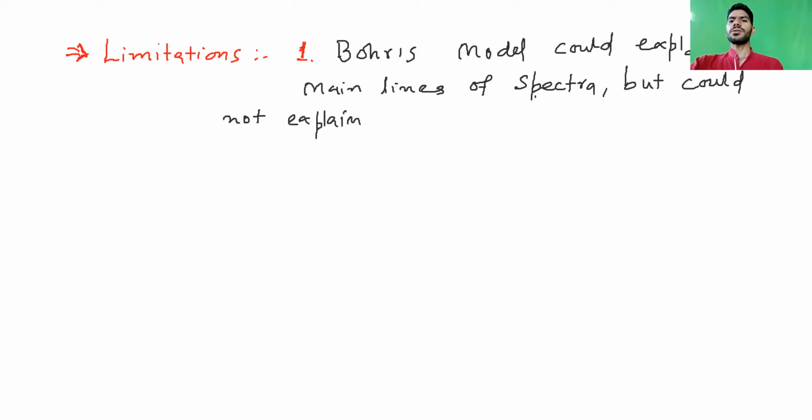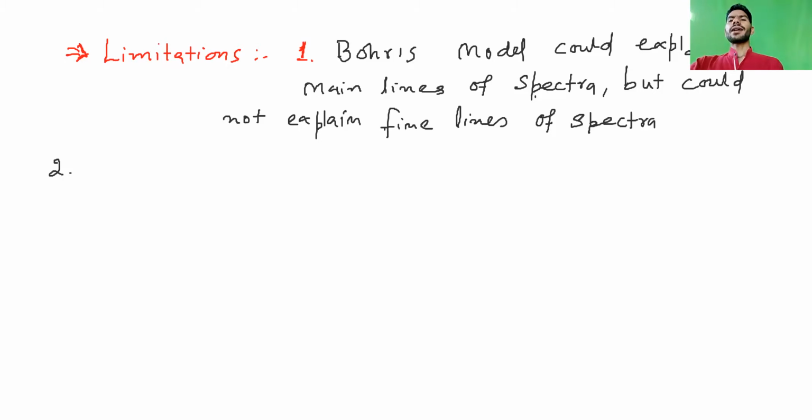That means there are also some fine lines observed, but Bohr's model could not explain them.